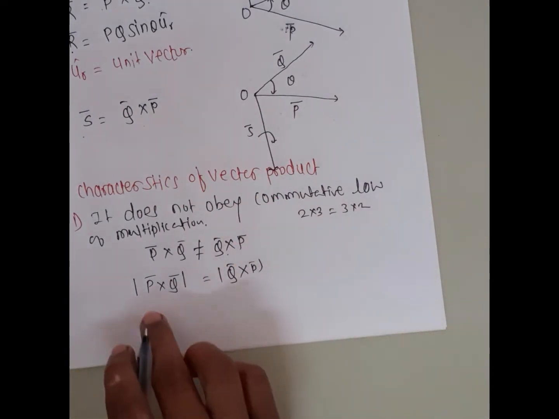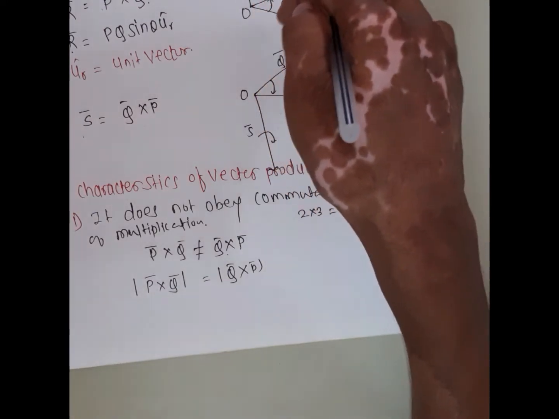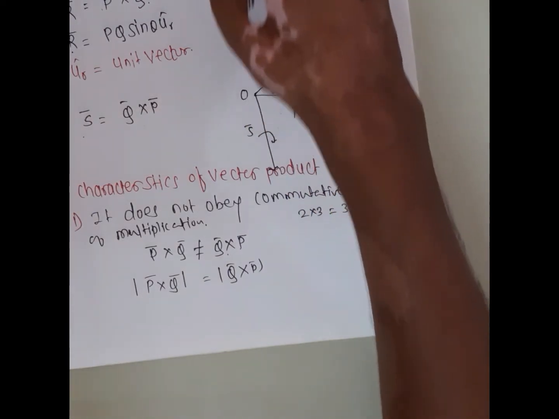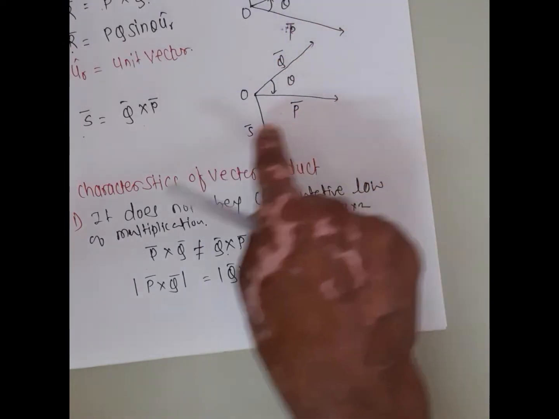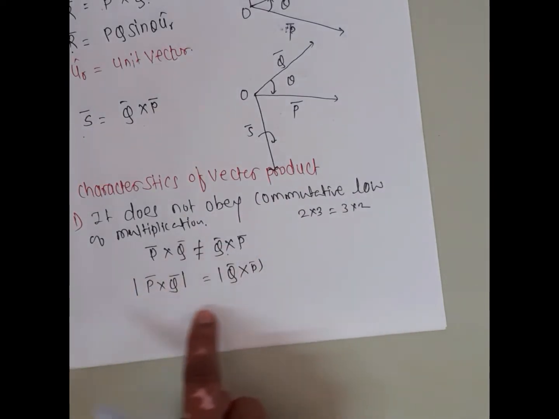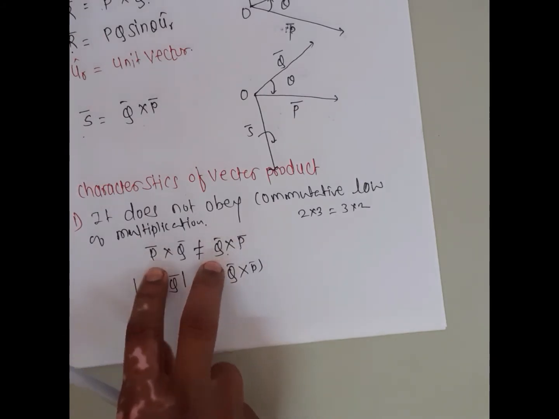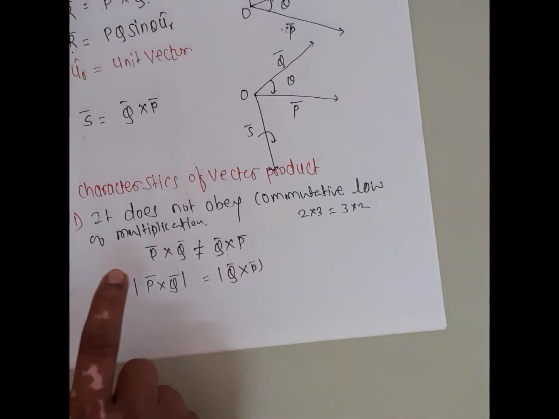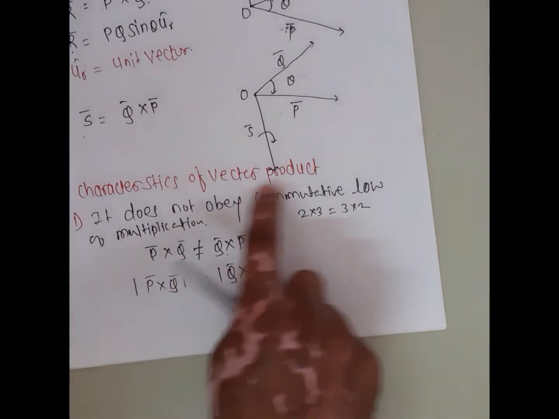So p bar cross q bar has an upward direction, and if you write q bar cross p bar, the direction is downward. The value of the component is the same but the directions are opposite, so the vector product does not obey the commutative law of multiplication. This is the first characteristic of vector products.